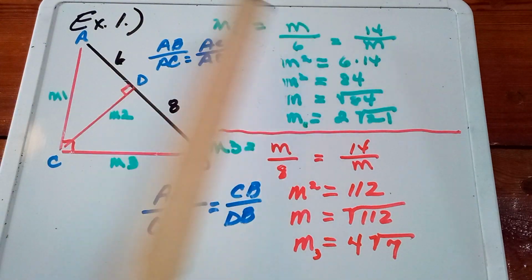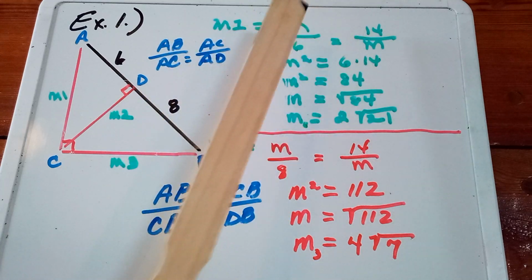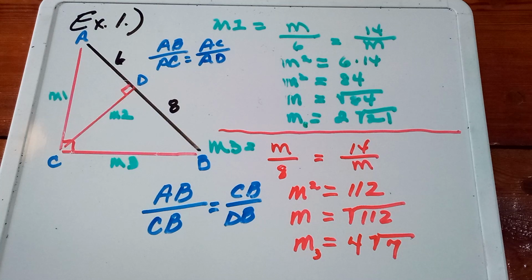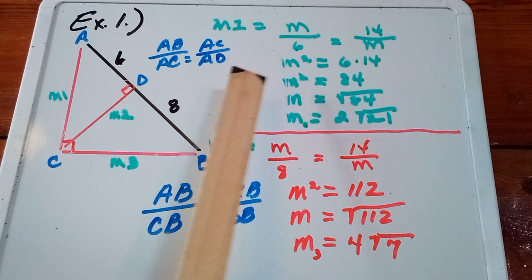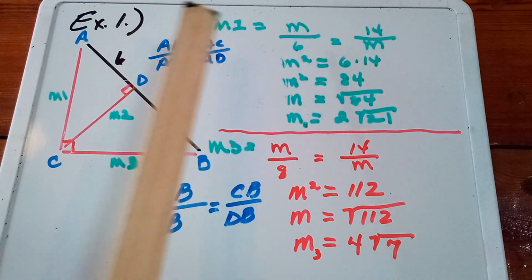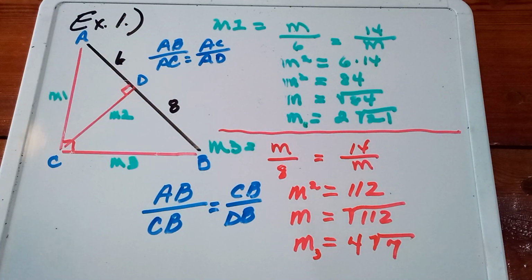You would then solve this as you would solve any ratio, by cross multiplying. So M times M is M squared. 6 times 14 is 84. To undo the square, we take the square root of each side. We get the square root of 84. We come up with a measure of M1, or this leg right here, as 2 times the square root of 21.